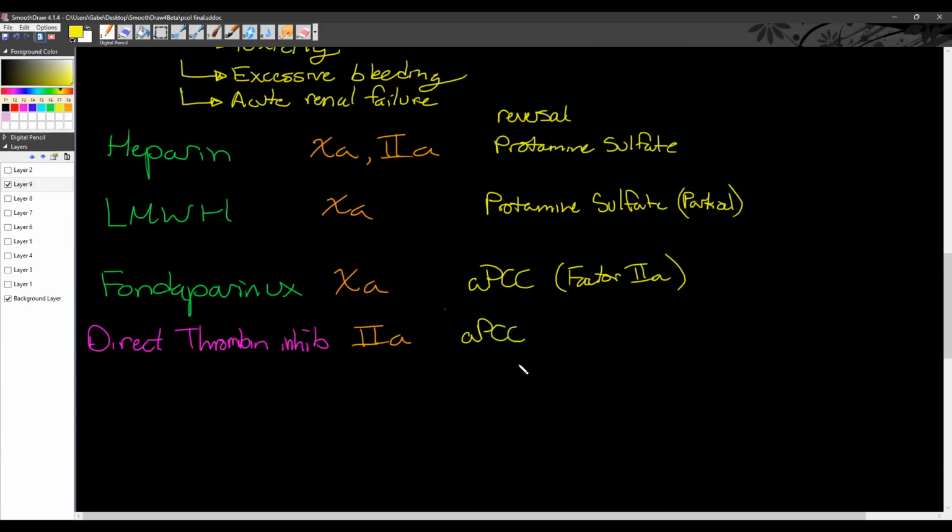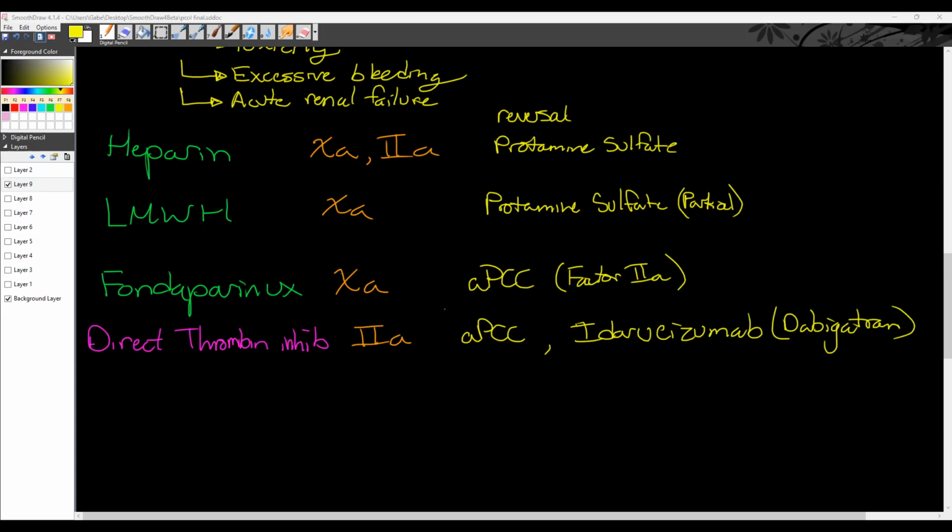We're going to give APCC, so the activated factor 2A, or for dabigatran specifically, we can give a reversal agent called idarucizumab. Idarucizumab for dabigatran. Exactly. Yep.